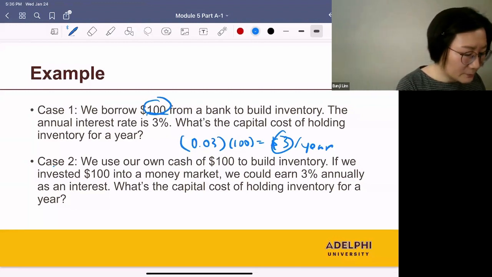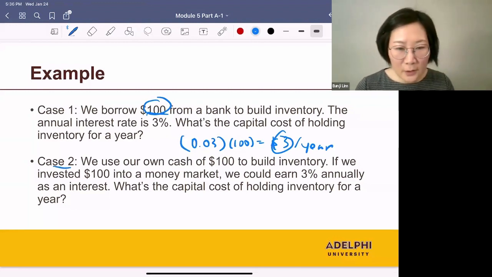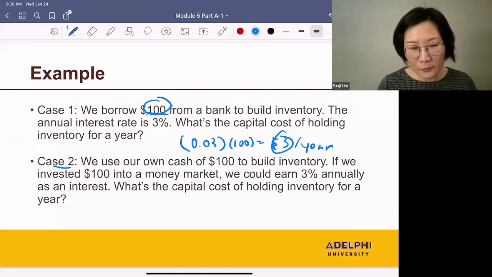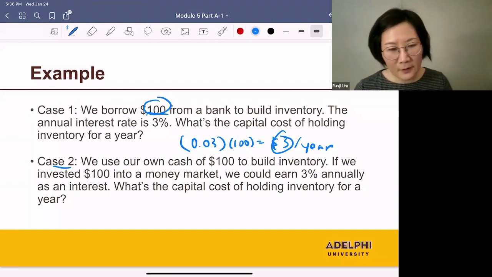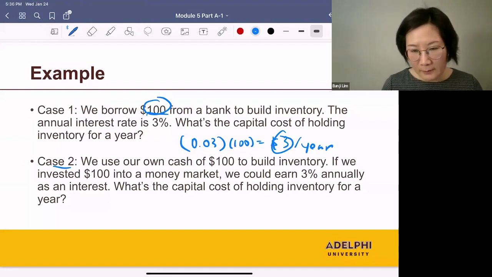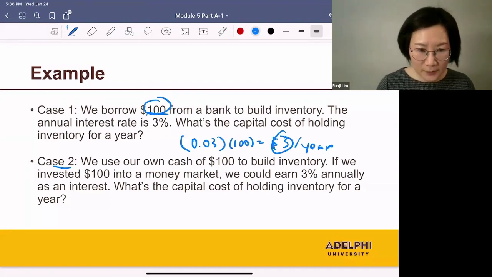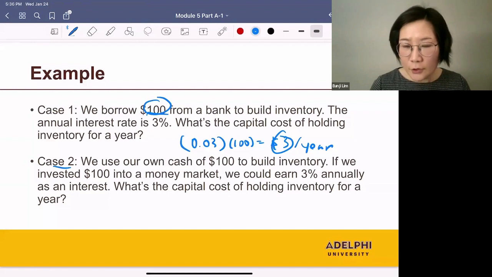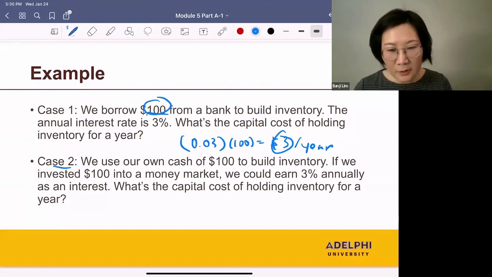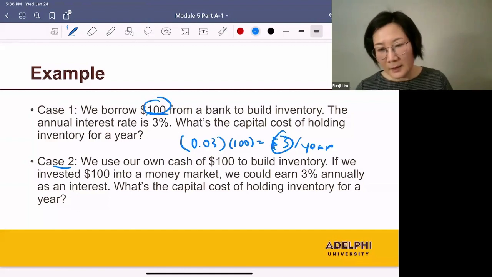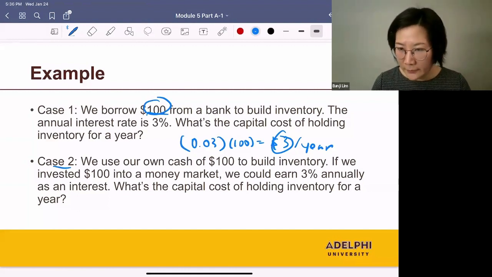Let's go to case number 2. We use our own cash. So in this case, we have cash, $100, to build inventory. So you can ask the following question. Since you used your own money to build inventory and you didn't borrow any money, is the opportunity cost 0?